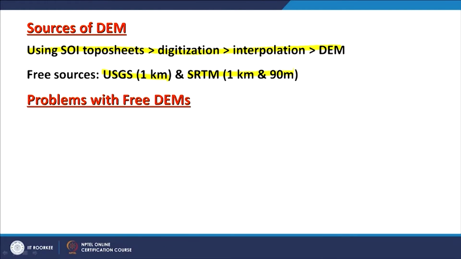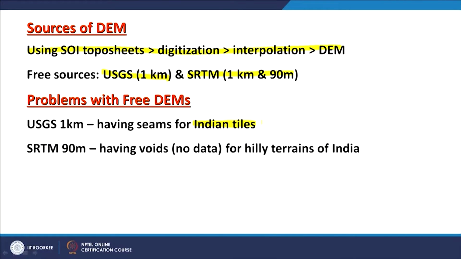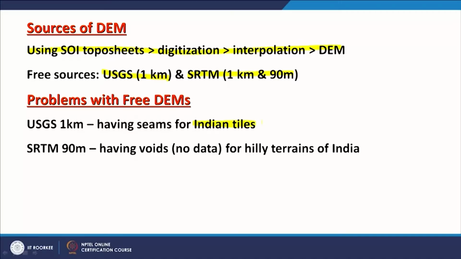Now, there might be some problems with the free DMs. The first problem is having seams, at least we have observed in the case of Indian tiles. These seams, because of different map projections or different spheroids between two adjacent topo sheets, there might be some seam. So, that may give you some poor results. Another one is that earlier 90 meter SRTM had voids, that is, filled with no data.